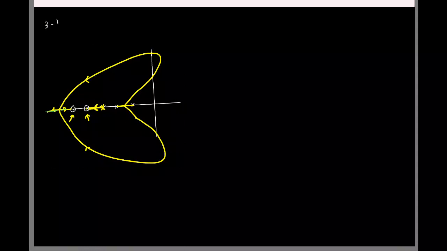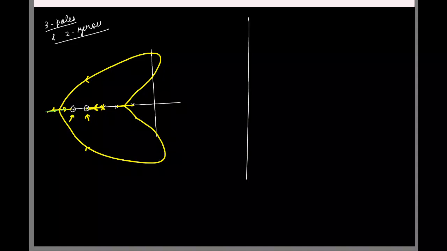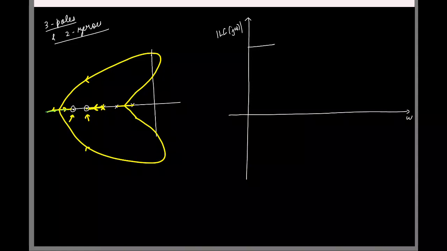Again, this has 3 poles and 2 zeros. So let me roughly sketch the Bode plot. This is omega, this is magnitude of loop gain. So let's say it starts at some value. It encounters the first pole, so it rolls off at minus 20 dB per decade.